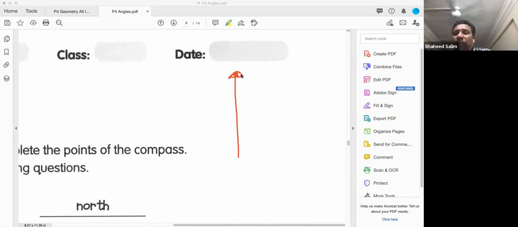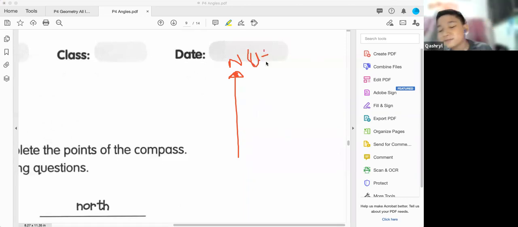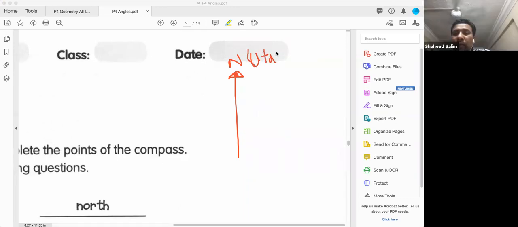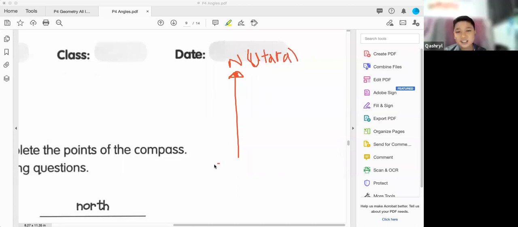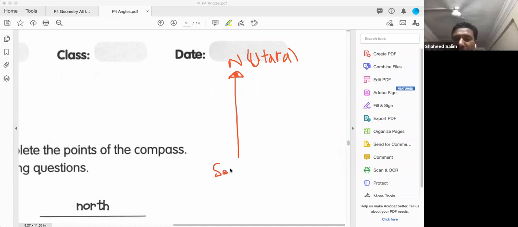So what's the Malay word for north? Utara. Utara is north. What is south? Selatan. You are Malay, no? Okay, don't write setan. Selatan. Good. Well done.